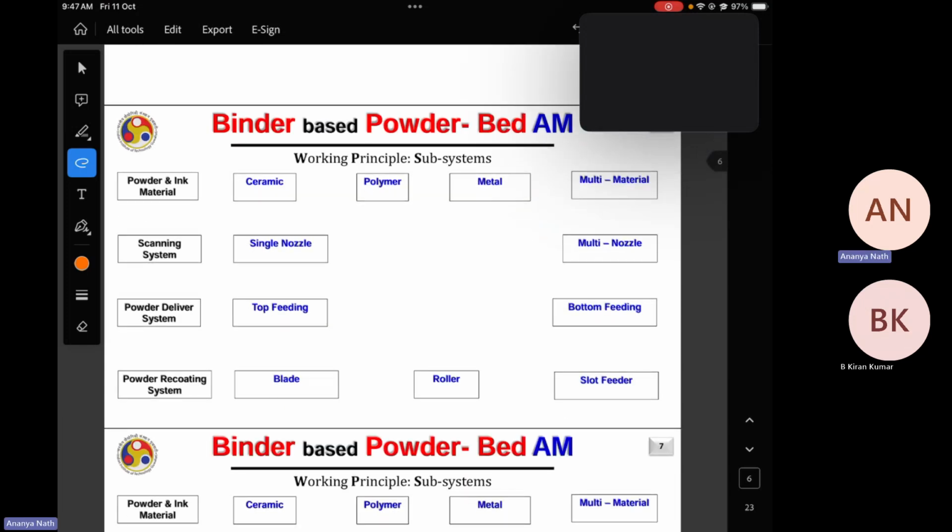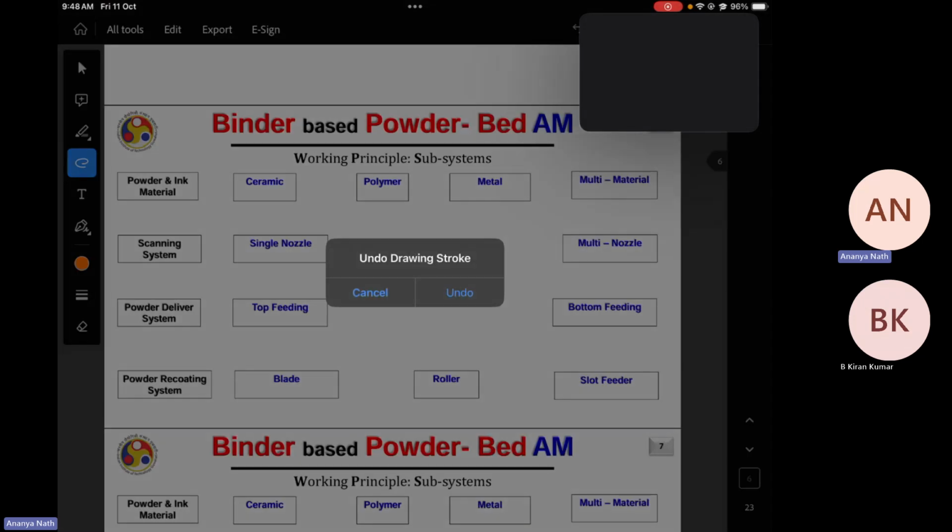The powder delivery is not that critical because it's the same as powder bed fusion, but the binder delivery is the problem. If you are depositing the binder with a single nozzle, then the time of the process will increase drastically. So you have to optimize that. How to optimize? You can go for multiple nozzles for the binders or ink type of binders, instead of a single nozzle.